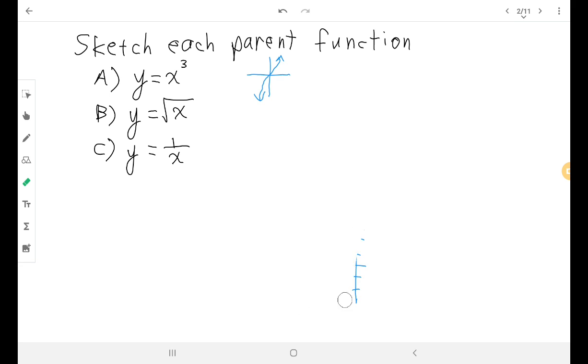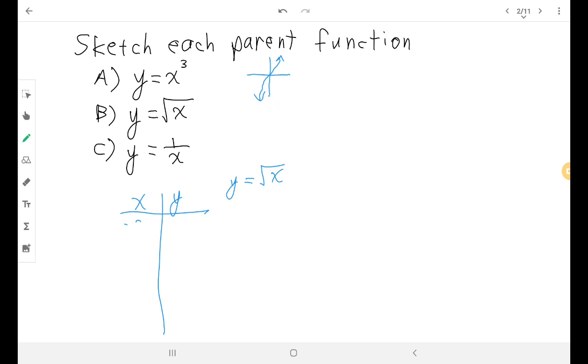Now you could be using Desmos to look at these, and that would be perfectly okay. But I'm a bit old school, and knowing how to build tables turns out to be a pretty important skill. So let's try with this, y equals the square root of x.